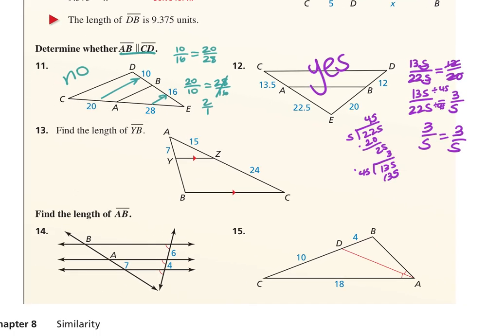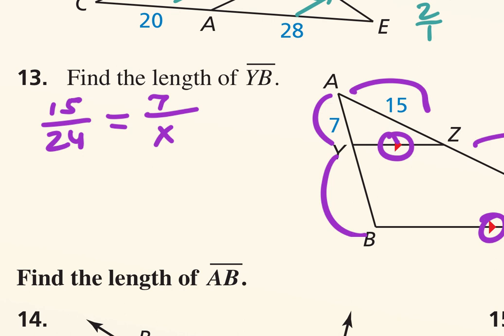All right, question 3 says to find the length of YB. So if these are parallel, which they are marked as parallel, then 15 over 24. 15 over 24 should equal 7 over YB, which we can make X. And then I would cross multiply, or actually I can reduce these. 3 goes into both, that'd be 5/8.